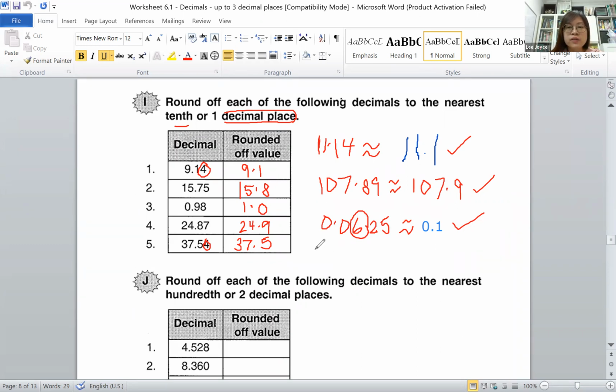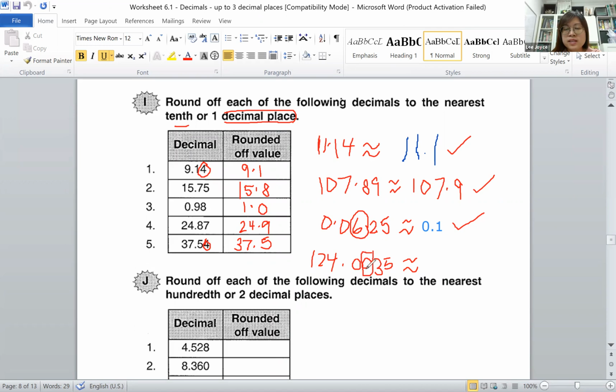Now, even if I have things like this, 124.0035, okay. So how do I write the decimals that's nearest to the one decimal place? Here we are focusing on the digit in the hundredths place.